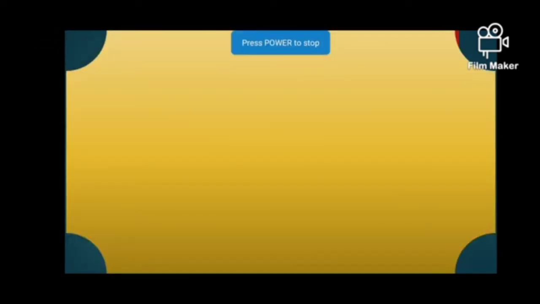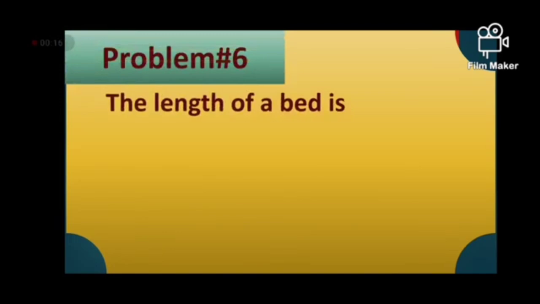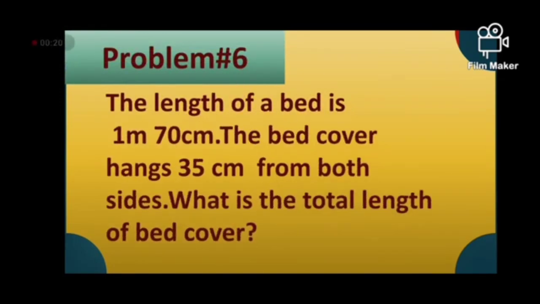Alright my dear students, now I am going to take another example which is a little bit different from the previous problem. The problem number 6 is: The length of a bed is 1 meter 70 centimeter. The bed cover hangs 35 centimeter from both sides.